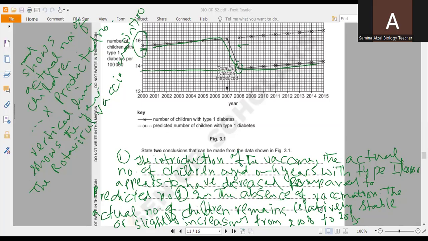You can see they remain the same. So this line shows that in the absence of vaccination, the number remains the same, or you can say a little bit of increase from 16 onwards. So the graph shows all these evidences which I have written as conclusions. So these are the two conclusions which can be made from this.